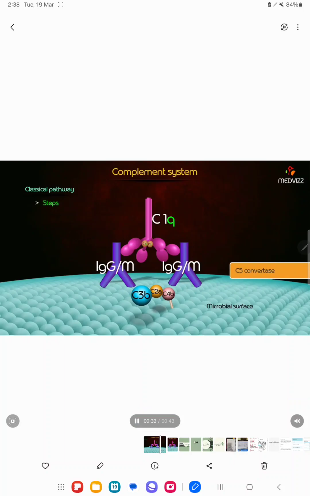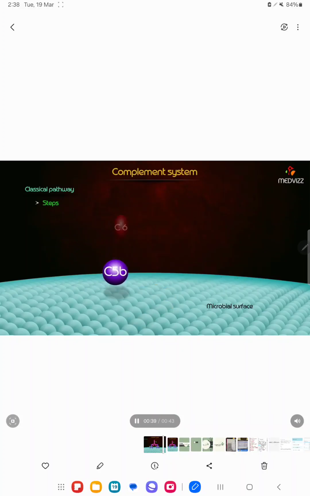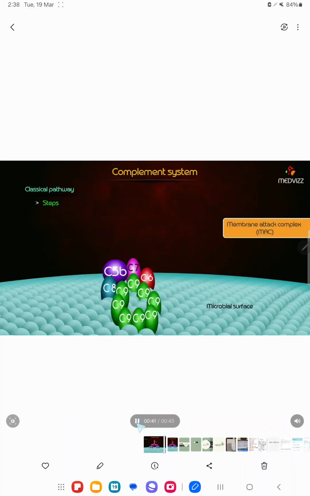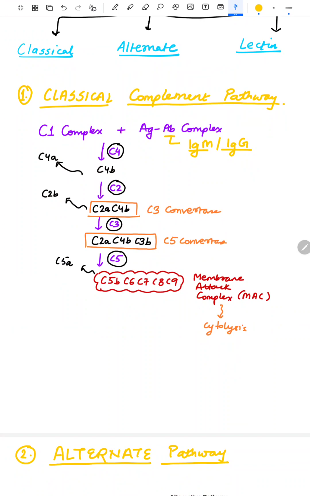C4b2a3b is called the C5 convertase, which acts on C5, where C5 is further converted into C5a and C5b. And C5b to C9 is nothing but called the membrane attack complex. We have C5b, C6, C7, C8, C9, the membrane attack complex that will cause cytolysis. So I hope you got a brief idea about the classical complement pathway.